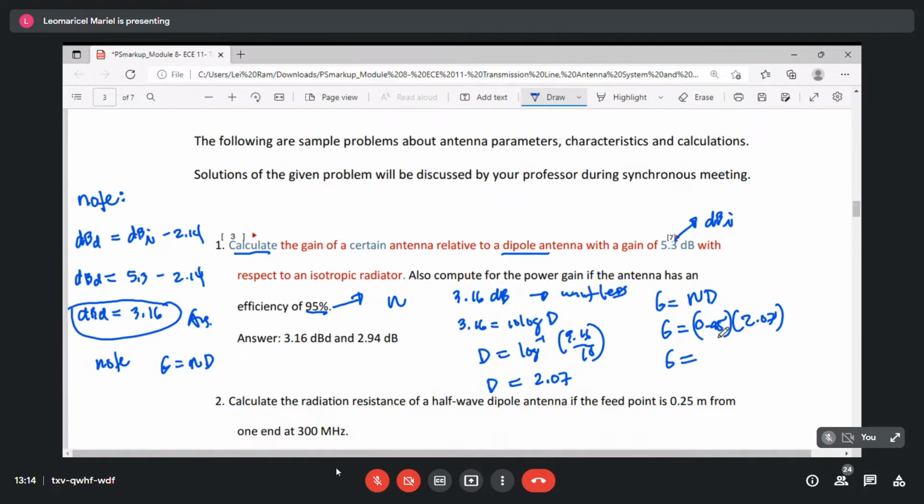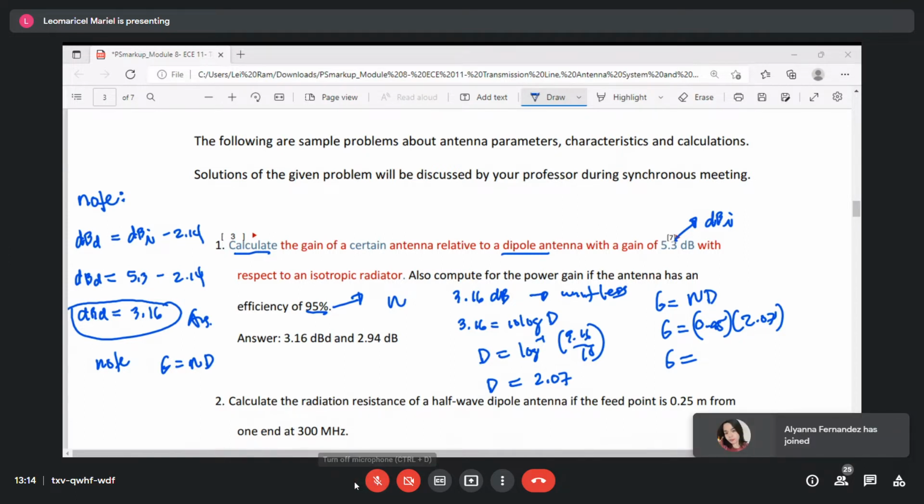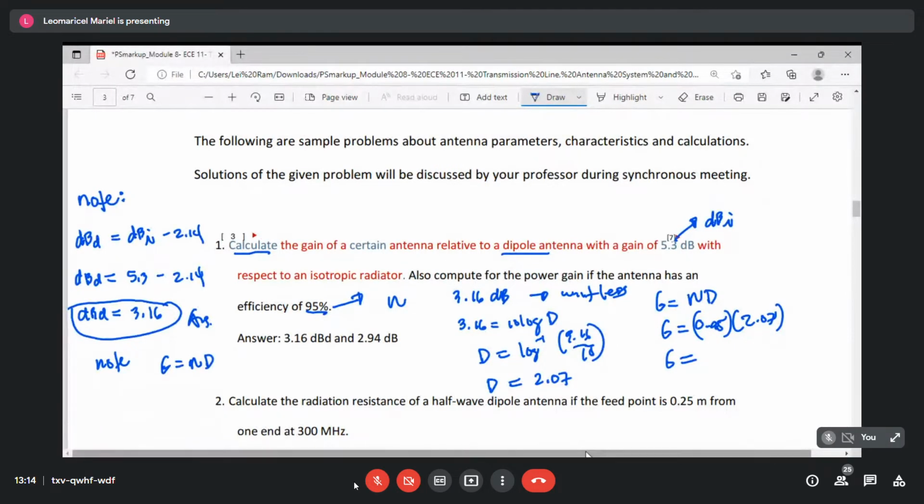It is 1.97. Okay, so what is being asked here is to compute the power gain in dB.